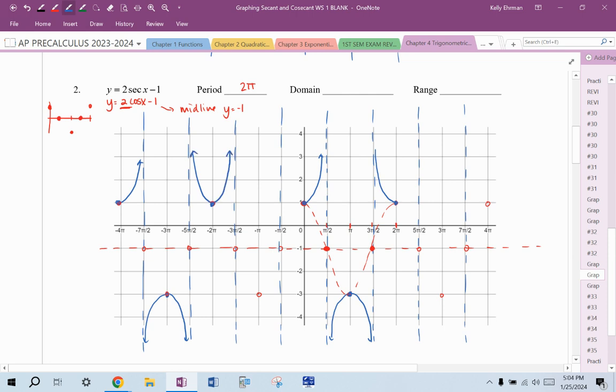Like that. This part gets a little tedious. It's easy to rush through it, so just try not to make it too sloppy. And put arrows on all of those branches. Okay, so there's our second graph.